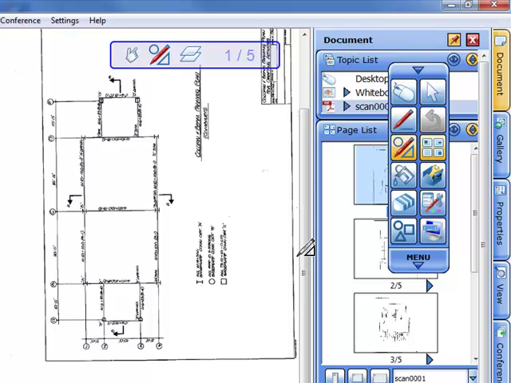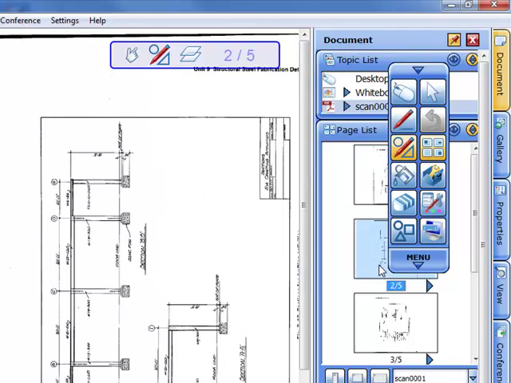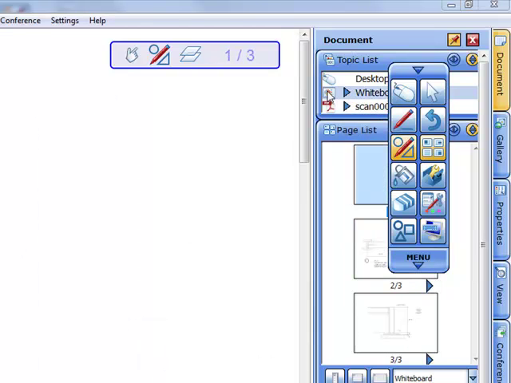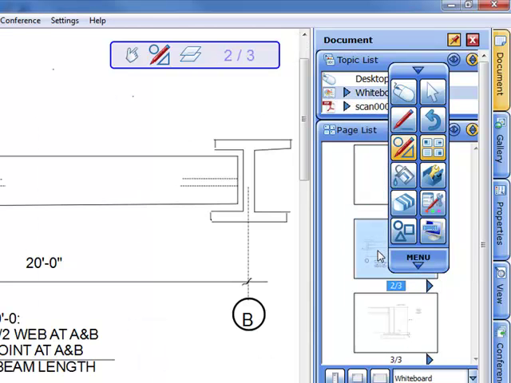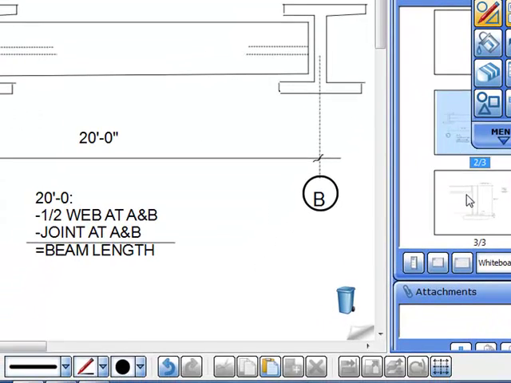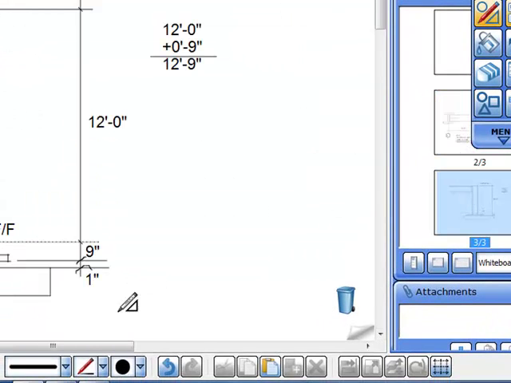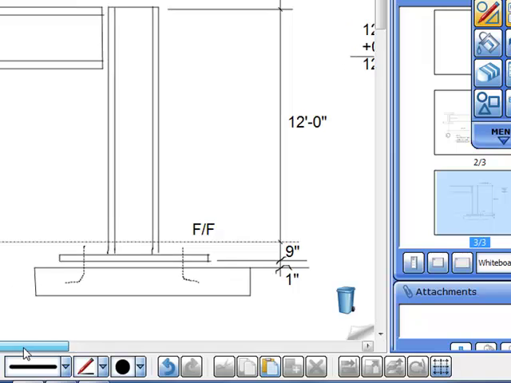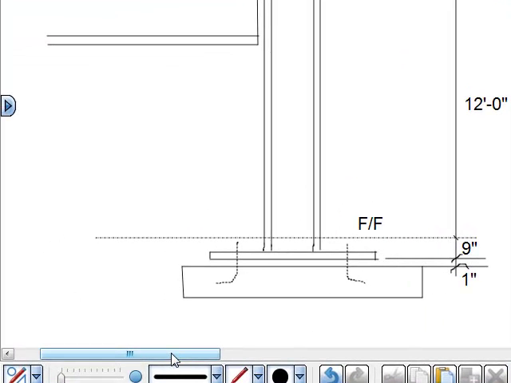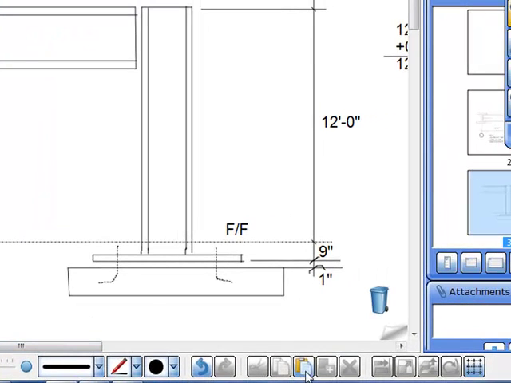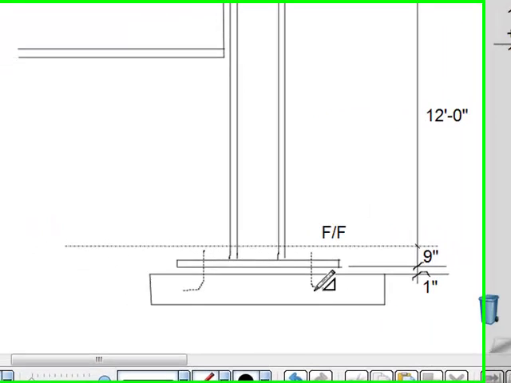So one of the things when you're looking at these, let me go back to this. Looking at a column, how do you figure out the heights for a column, the actual heights, because it's going to be a little different.